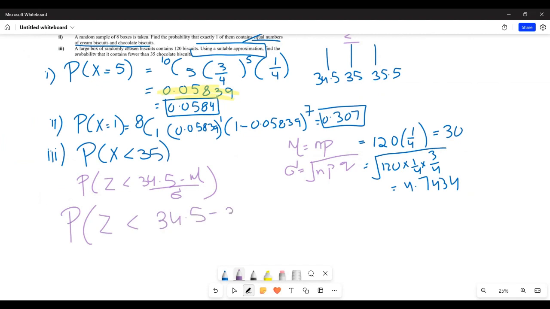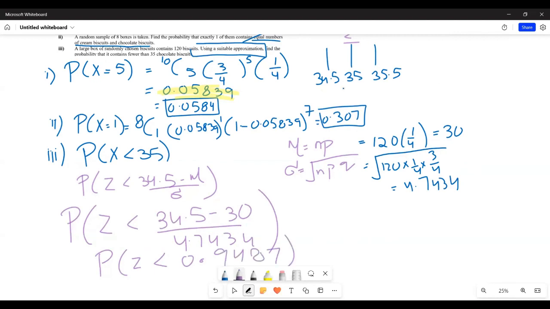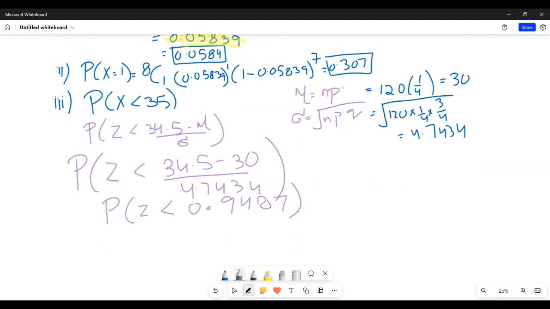So 34.5 minus 30 upon 4.7434. This gives probability Z is less than 0.9487. If we're reading the table, then this should be in 3 significant figures.